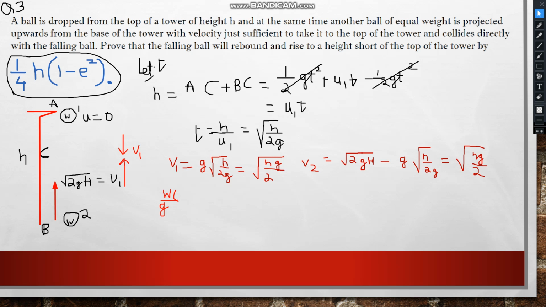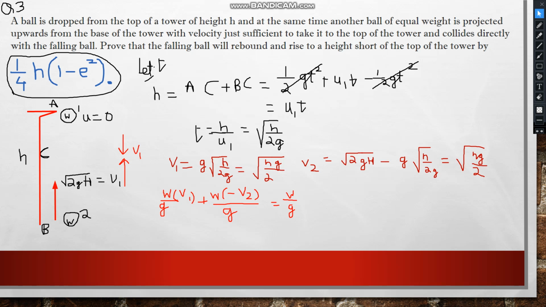I have taken V1 as positive, then we will have W V1, and here minus V2, divided by g, then here again there will be W by g.